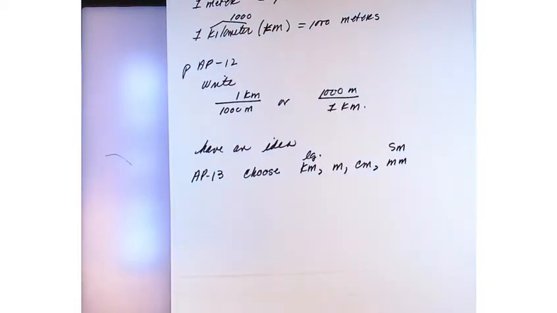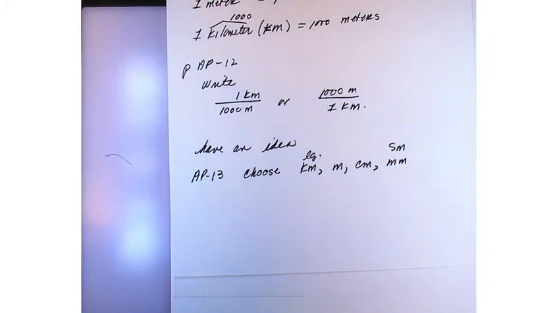So we are on page AP12, and as I said, we want to have an idea here. We're looking at, circle the items that measure about, I'm looking at numbers like this.